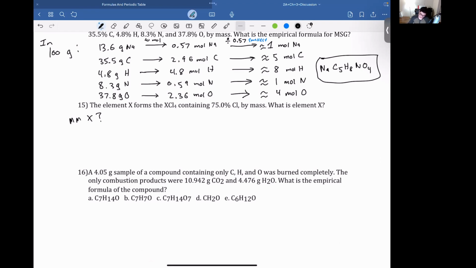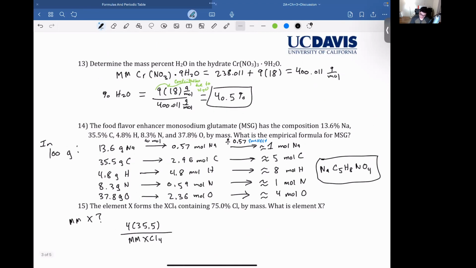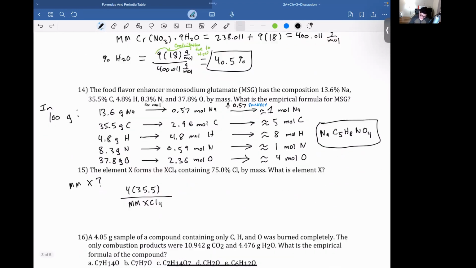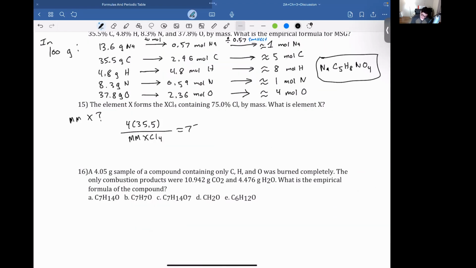So for chlorine, 4 chlorines, because there's 4 of them, so 4 times 35.5 divided by the molar mass of XCl4. So this is what we just saw up here, right? Contribution divided by the total is equal to 75%. Right. Then we can solve for the molar mass.